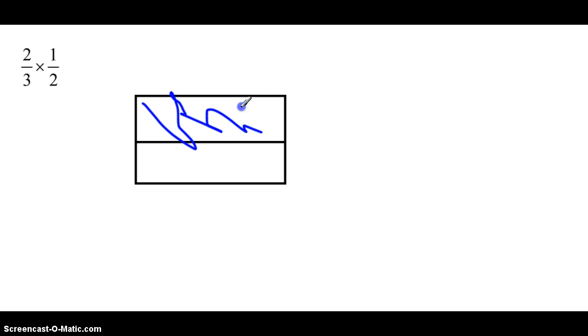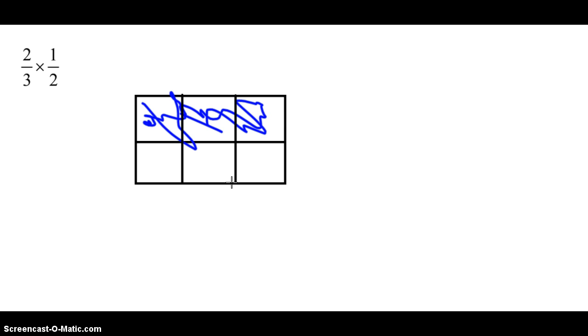That right there is my 1/2 of my area. Now I want 2/3 of 1/2 of this area. So I'm going to chop up my figure into thirds. Now I'm going to go all the way through and chop the entire area into thirds, like that.